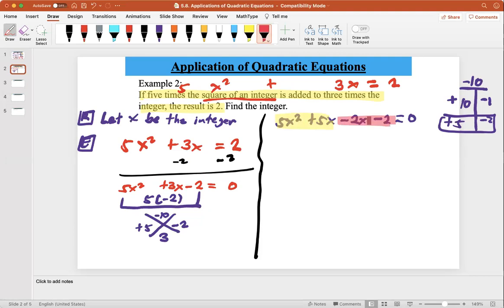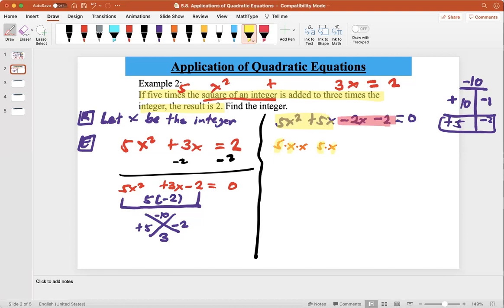What's our GCF for the yellow one? The one highlighted in yellow, what's our GCF for 5x squared and 5x? X. How about 5? You also have 5 there, right? You can do prime factorization here. For 5x squared, you have 5xx. 5x, you have 5x. And your common is 5x.